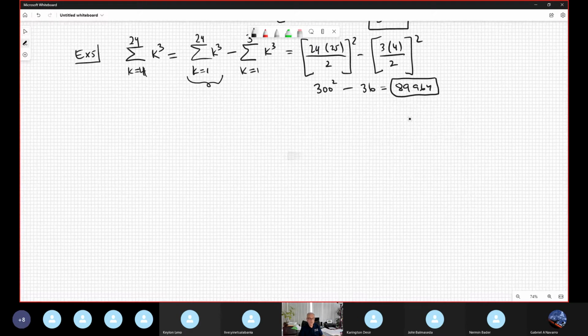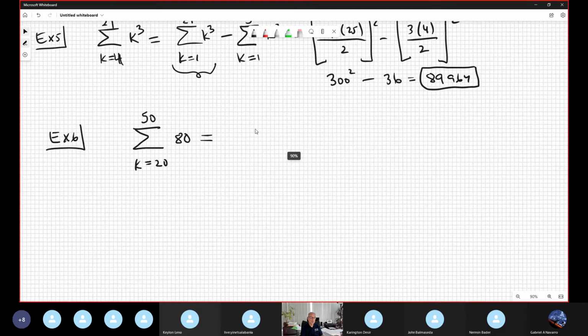Example 6. Look, the summation from k equal 20 to 50 of 80. What the hell is that? Okay, in this case, the expression inside the summation does not depend on k, it's a constant. And you put it like a common factor.